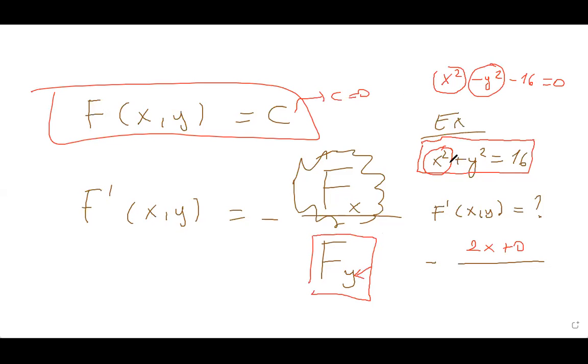X squared is like a real number, so its derivative is 0, the derivative of y squared is 2y, and the derivative of negative 16 is 0. The final result is negative 2x over 2y, which is negative x over y. This is the derivative of an implicit function. Any question for this?